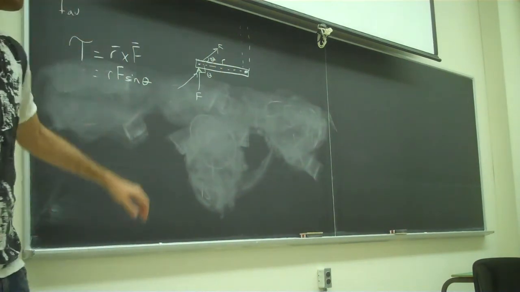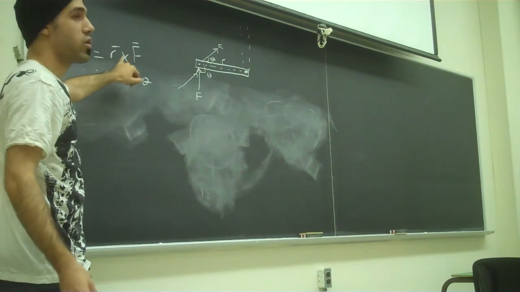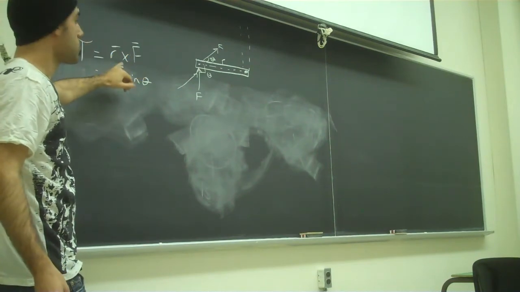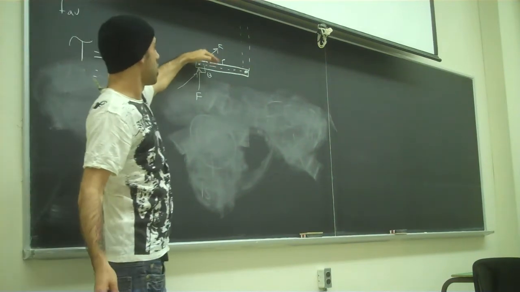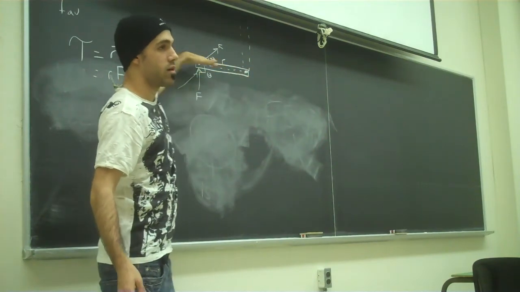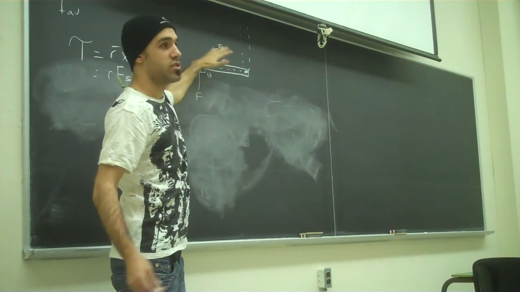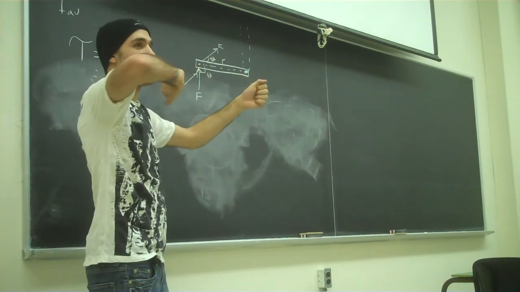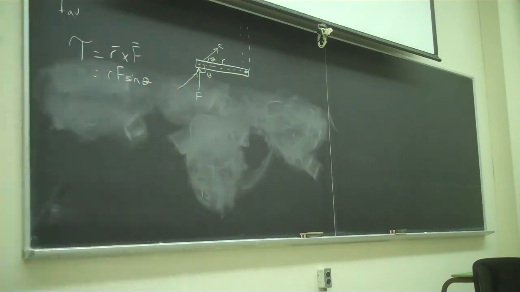And the reason why the torque is a cross product is because the component of the force that is along the radius is just pushing on the hinge, okay? It's like me trying to close the door. Let me go outside. And I'm trying to close the door by pushing on it. It's not going to do anything, right?